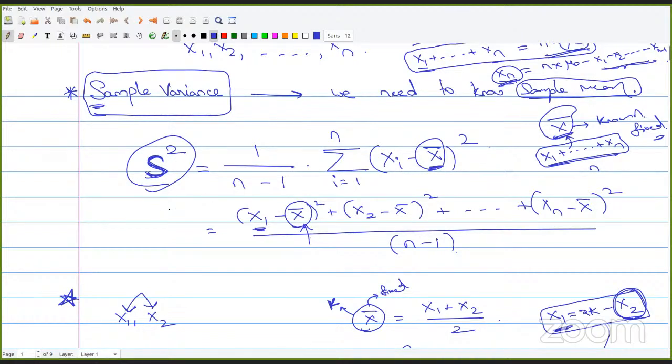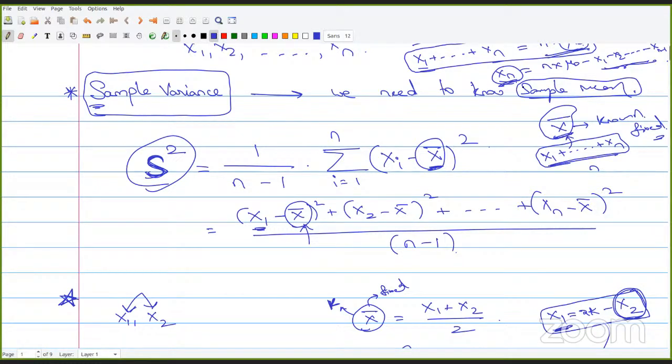In general, you see this t distribution or the chi-square distribution. These we use for sample variances. Whenever a sample variance comes into the picture, the degrees of freedom will convert from n to n minus 1. One random variable will actually be dependent on the other n minus 1 random variables.